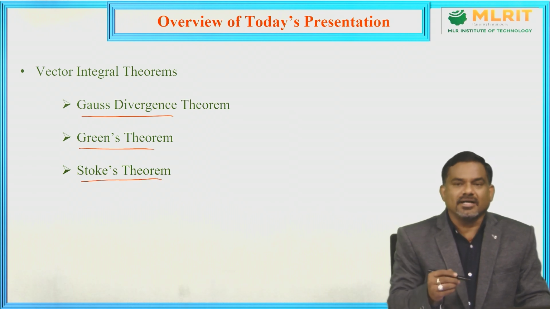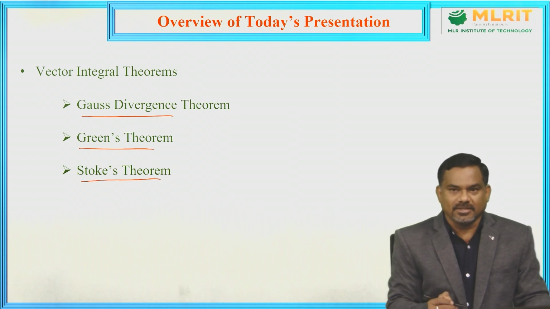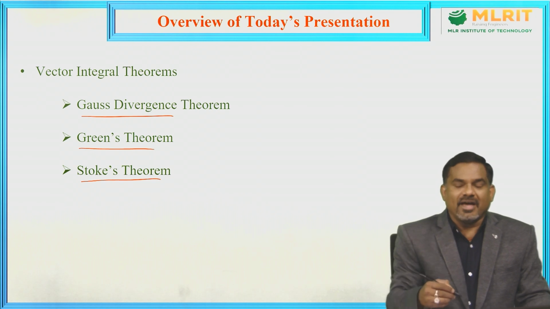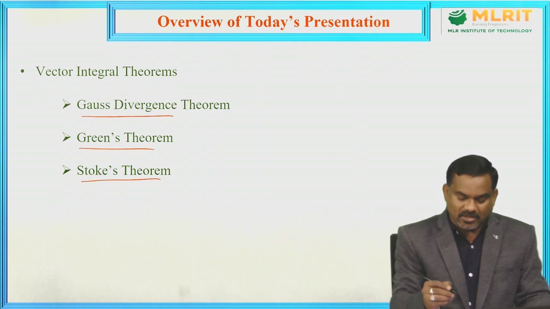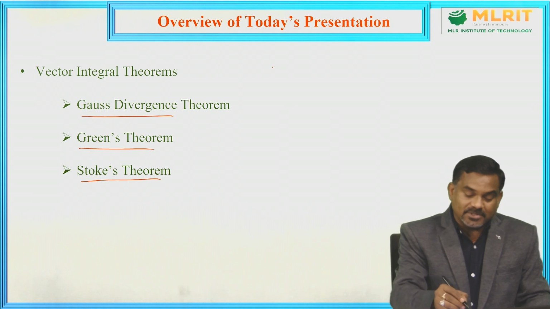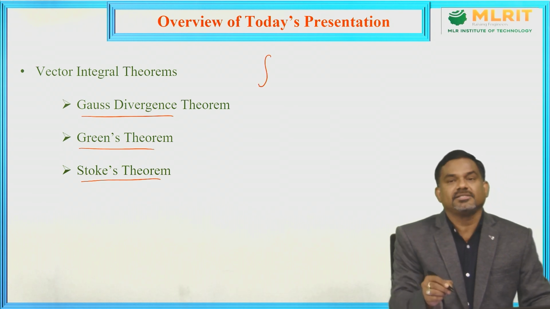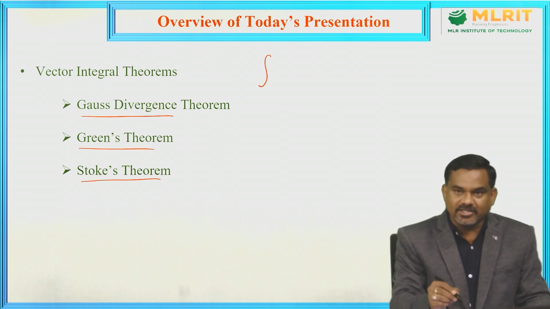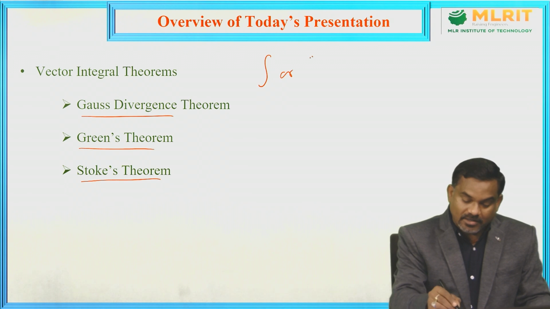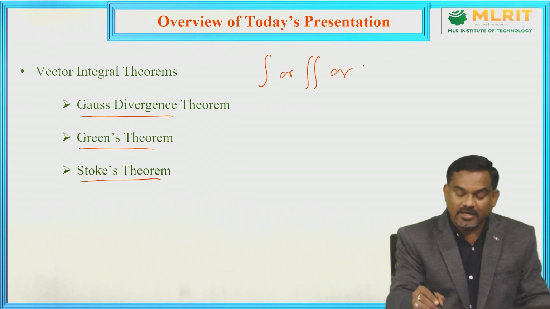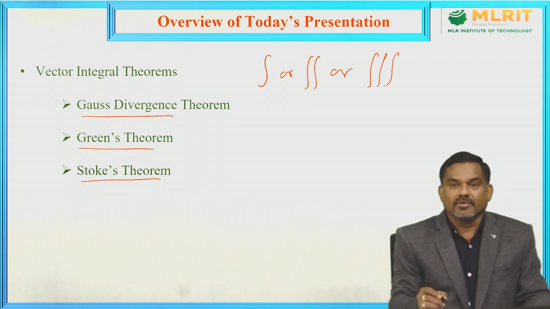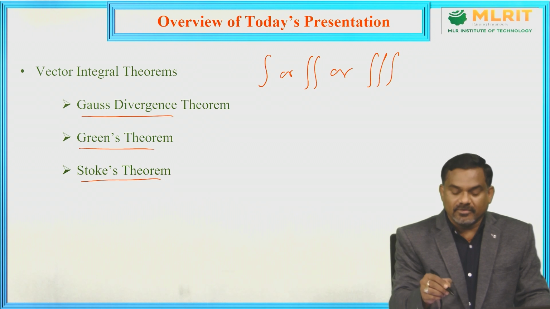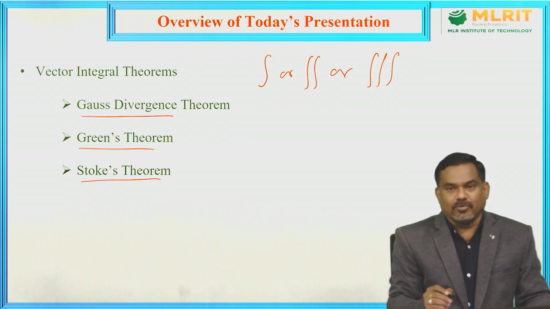And what is the advantage of these vector integral theorems? In evaluation of integrals, sometimes in multiple integrals also, it may be easier to evaluate a line integral or a double integral or a triple integral if we consider one particular type only.